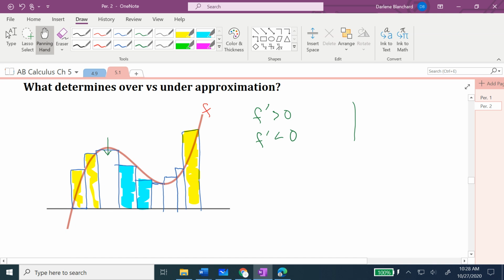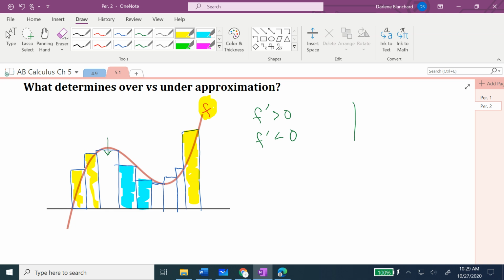So what you want to just remember is when it comes to a left or a right Riemann sum, the question is: is the first derivative of the function that you are graphing positive or negative? And I'll warn you that sometimes you'll be looking at a graph of, say, G prime.